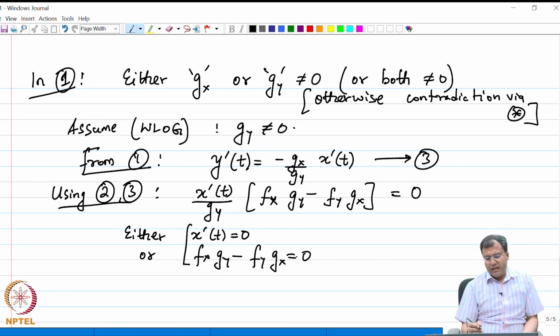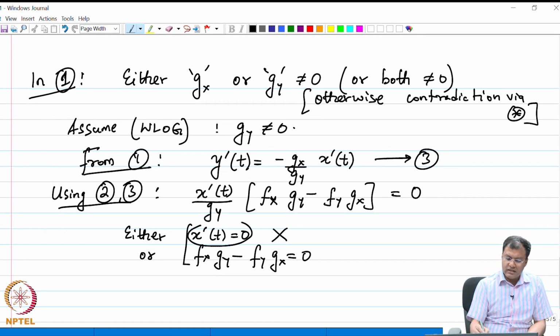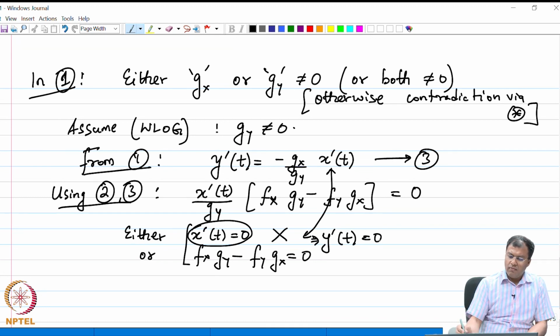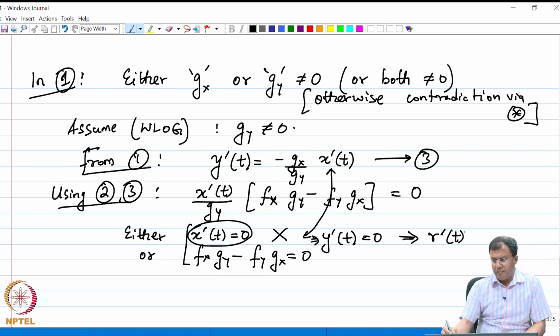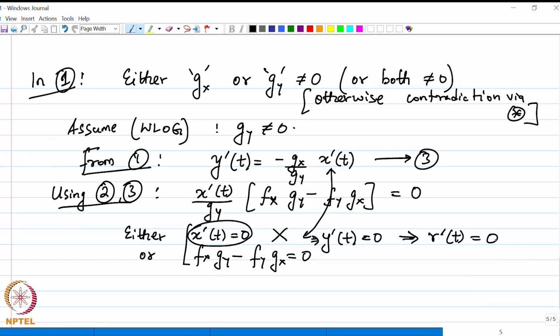I am sure it is clear that the first condition is not possible, because if x prime t is 0, then from this relation I can immediately see that y prime t is also 0, so the derivative of the curve with respect to the parameter t is 0, and that leads to a contradiction via our result star, where we say that the gradient of the constraint is non-zero, right. So, we lead to a contradiction. So, certainly only the other is possible, right. Now, what is this condition?